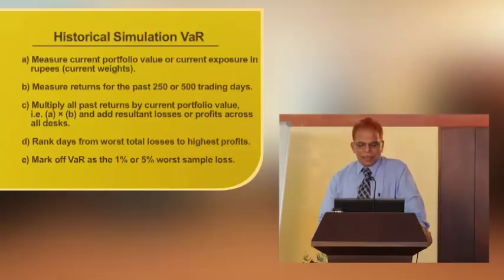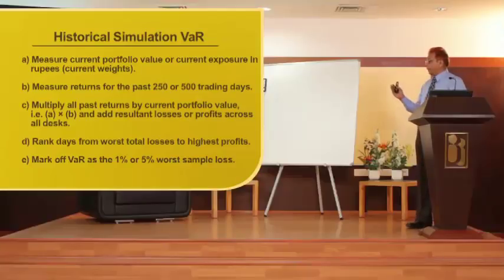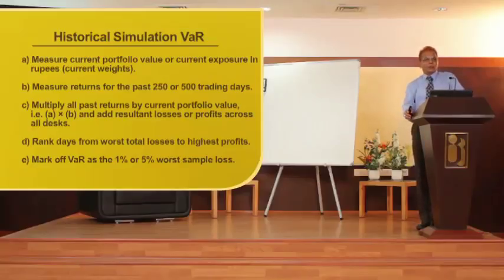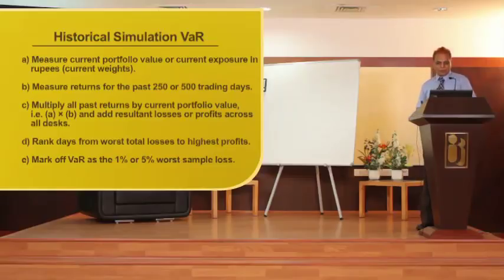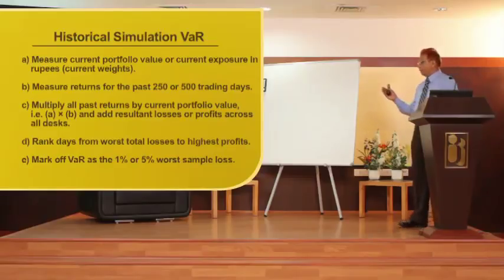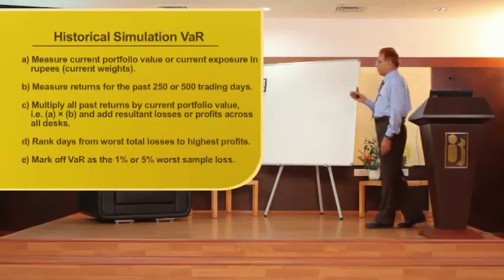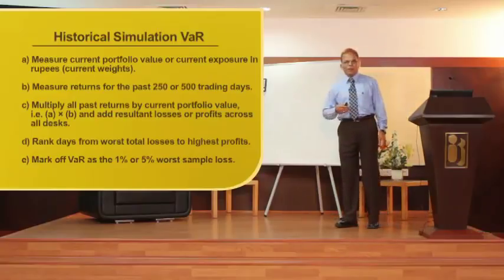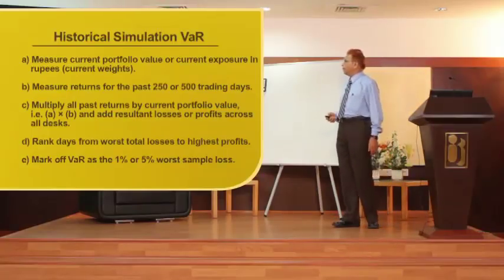So if you want 99% confidence, you take the worst loss as the VAR number. And if you are looking for a 95% confidence level, probably you will take the last 5 worst losses and average them. That will be the VAR number.